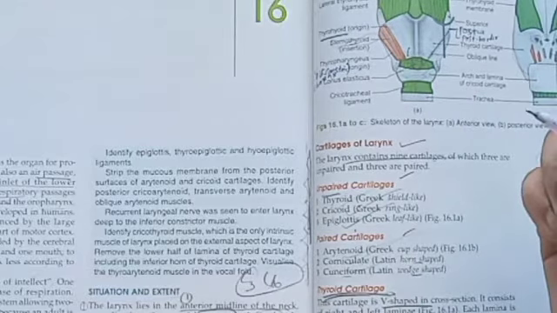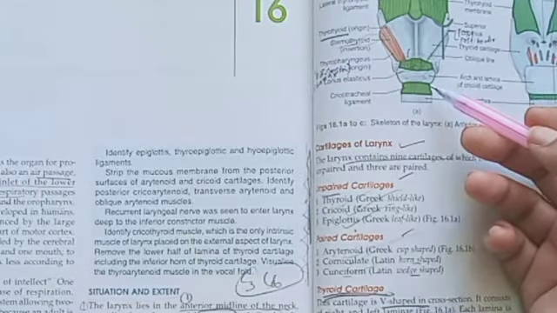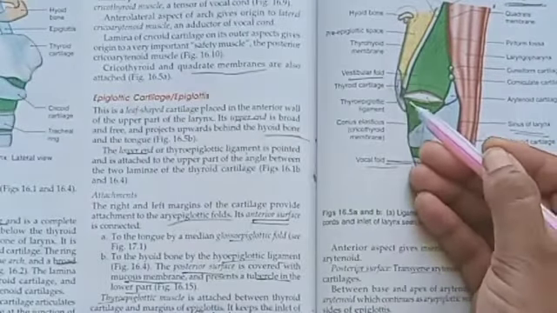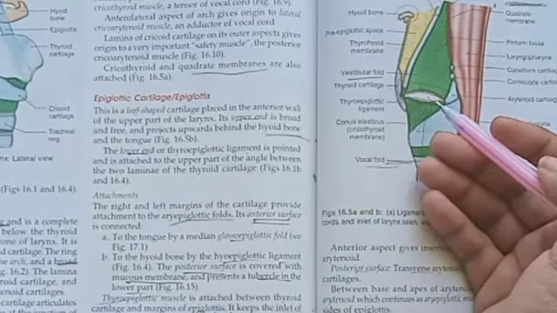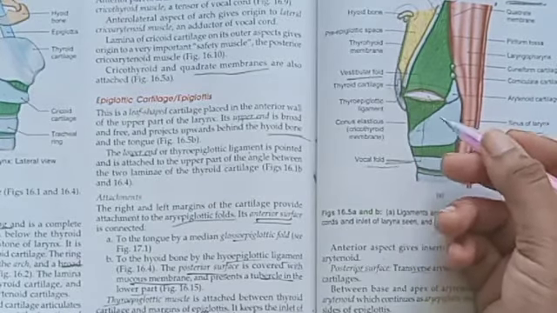And then this is the lower border, and there is a membrane present on the upper border of the cricothyroid ligament. There is a ligament present on each side.